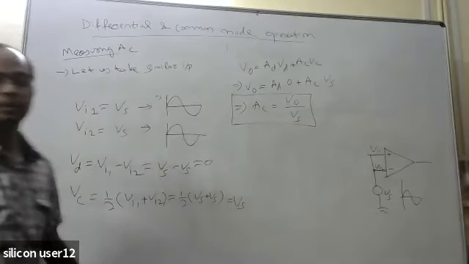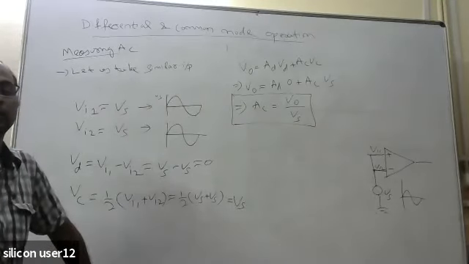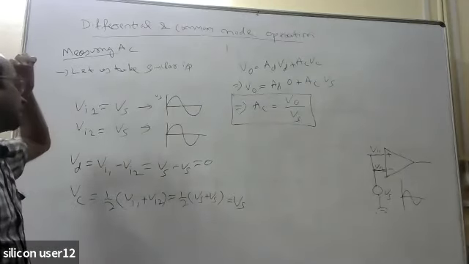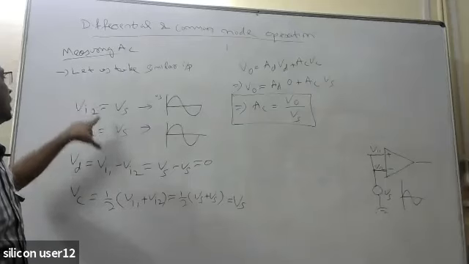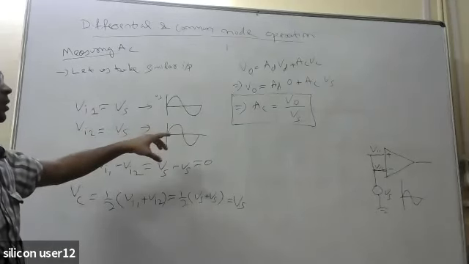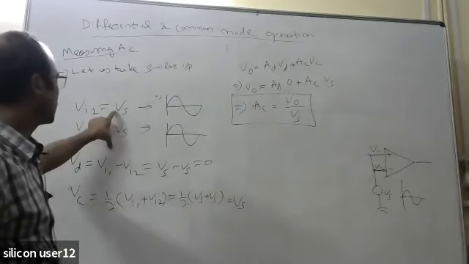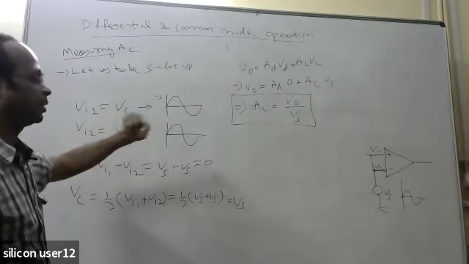Okay, so that means if you want to calculate the common mode gain, or AC, you apply the same signal. You apply the Vs, one signal only, to both the plus and minus terminal.